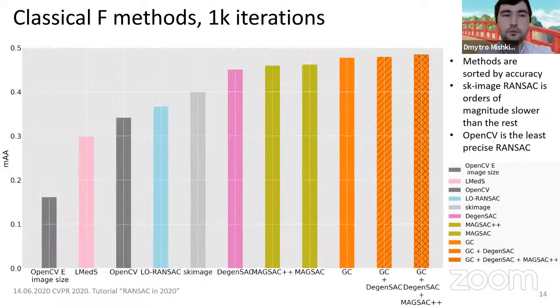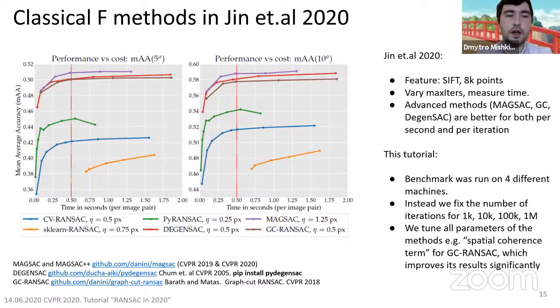This benchmark was done just recently, a couple of weeks ago. And you can see that the best RANSAC is GC-RANSAC, especially when combined with other methods. But in the paper I'm mostly describing, by Yin et al., GC-RANSAC is not as good, and the reason is that it contains additional hyperparameters which need to be tuned.